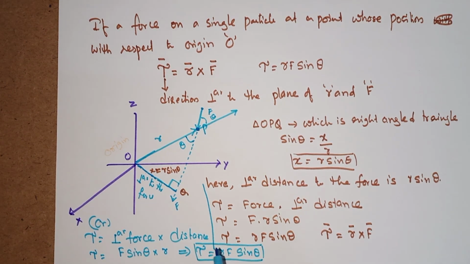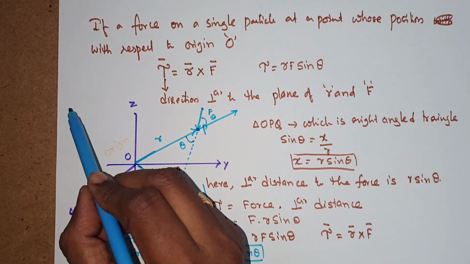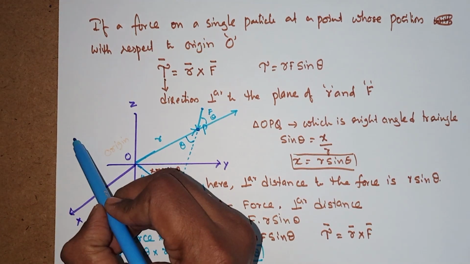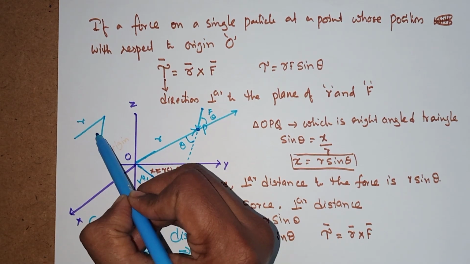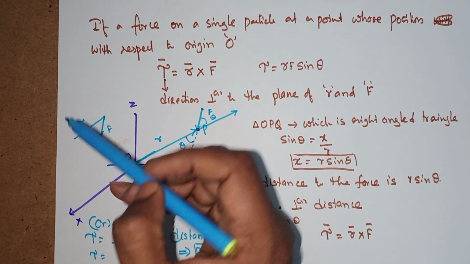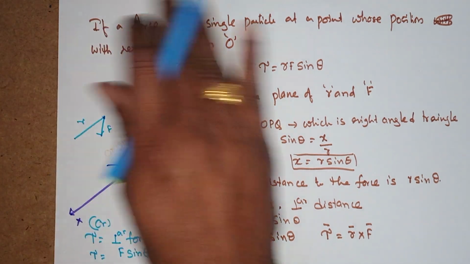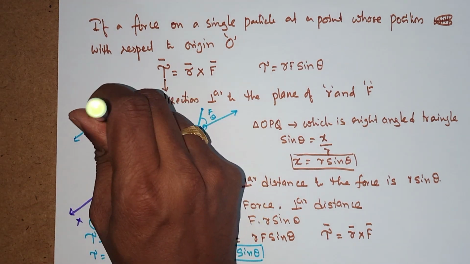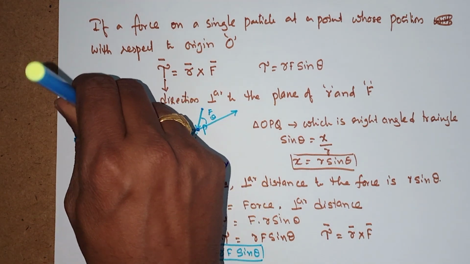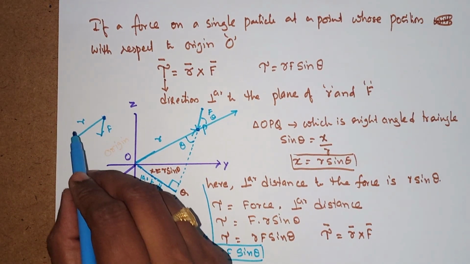Now how to represent the direction of the torque? This is simple. This is r, this is force. This is a plane, one axis, other axis. The perpendicular to both of them is, simply, either into the plane or out of the plane. That depends upon the direction of r to f.